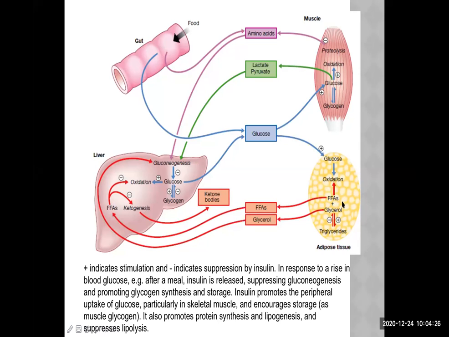So insulin should not be there. Then only this free fatty acid can be found in the blood, and this free fatty acid will be converted into ketone body. That's why in type 1 diabetes, which is absolute deficiency of insulin, there is high chance of formation of ketone body, and that is known as diabetic ketoacidosis. So these are the different concepts which are provided here. Let's move on.